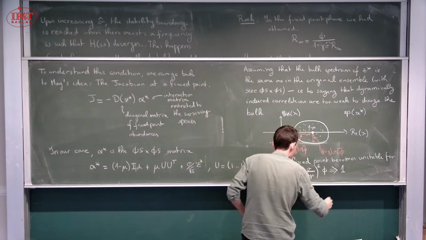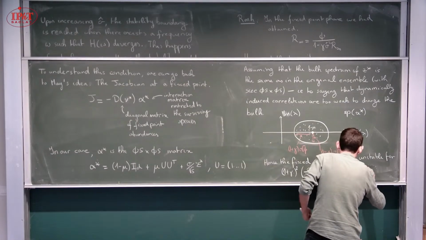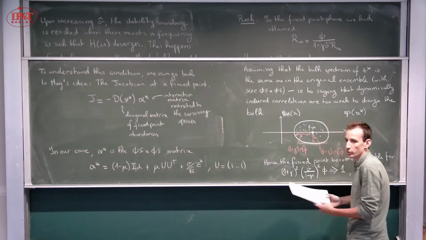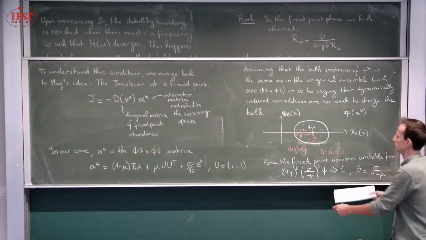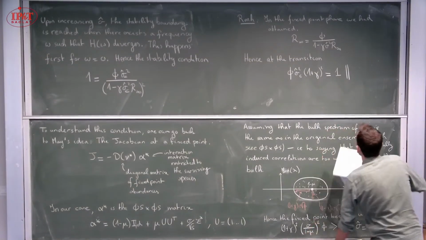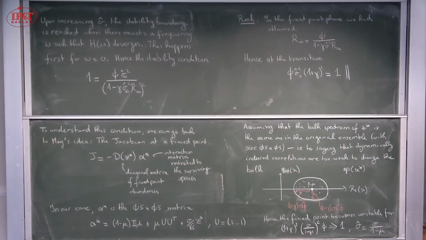And this, if you recall, sigma tilde was exactly sigma divided by 1 minus mu. So we recover by this simple argument, let's say a la May, exactly this condition that we get from the ellipse, unifying in a way the two perspectives.